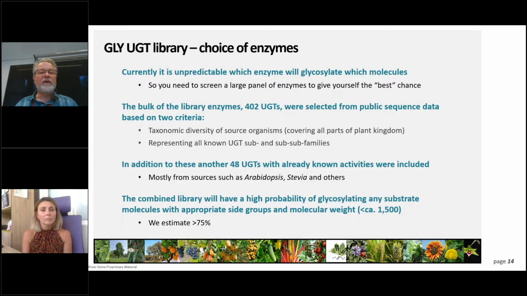The bulk of the enzymes we have collected, which is no less than 402 UDT enzymes, were selected from public sequence data based on 2 criteria.